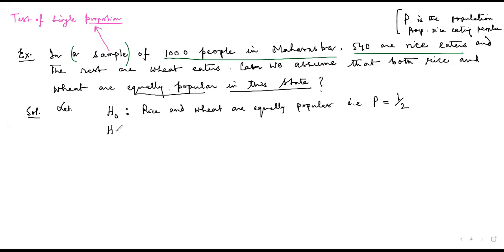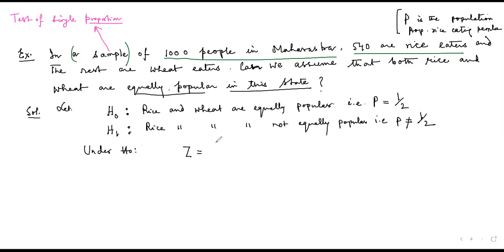Similarly, H1: rice and wheat are not equally popular, and that implies capital P is not equal to half. Since this problem falls into the category of test of single proportion, under H0 you can choose your test statistic to be x minus nP by root of nPQ.